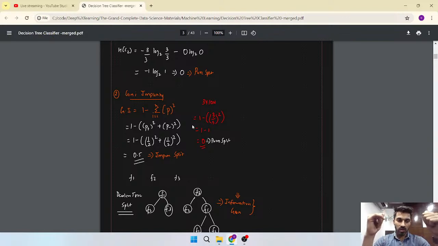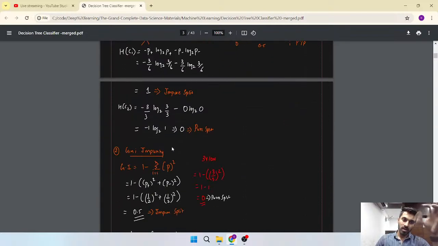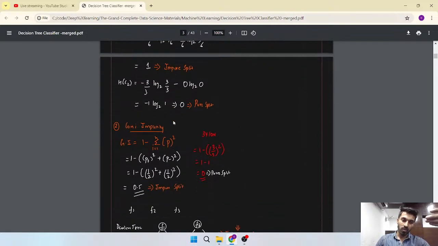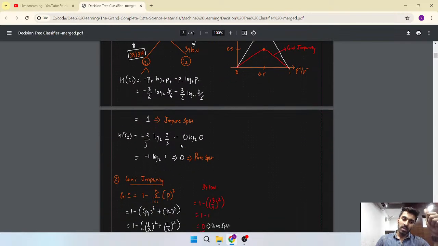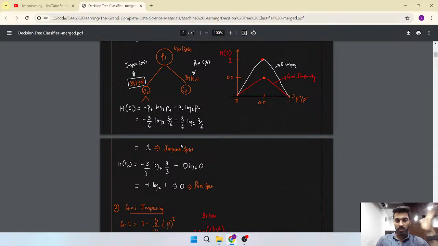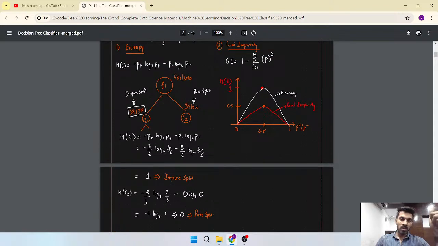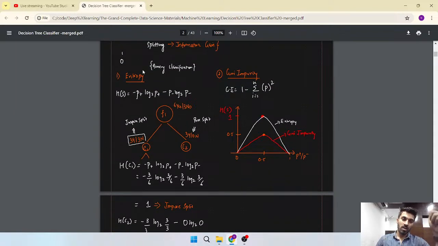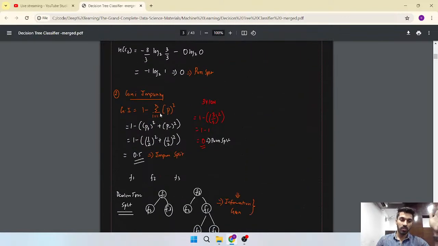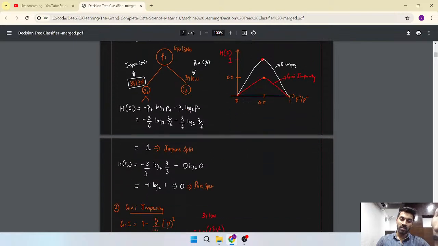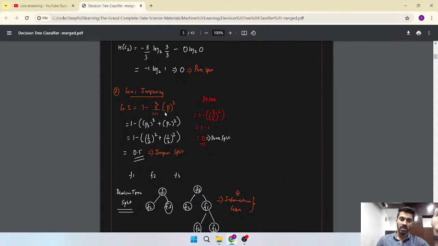Gini impurity does not give as good accuracy as entropy, but still you can use it, because if you apply entropy on very huge data, it will take a very huge time. So it is recommended that if your data size is small, directly use entropy, but if your data size is very high, then use Gini impurity.